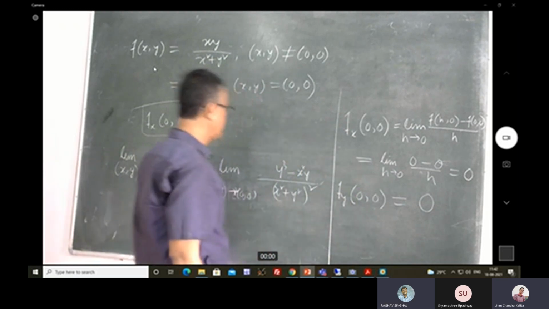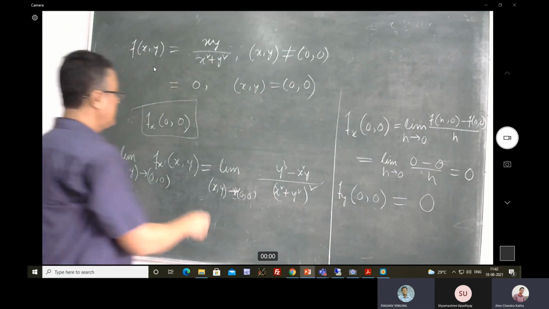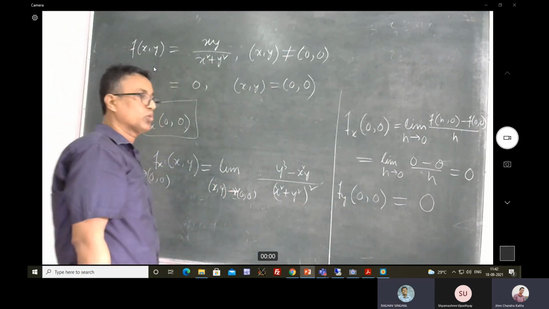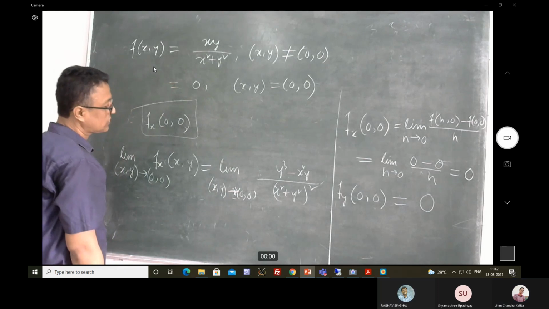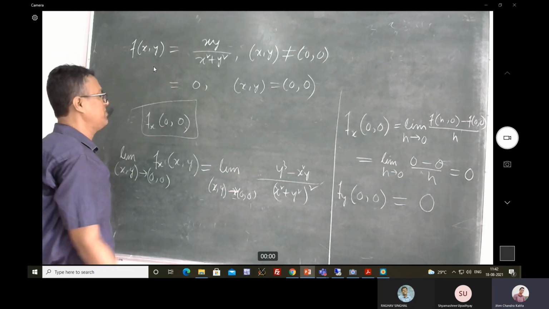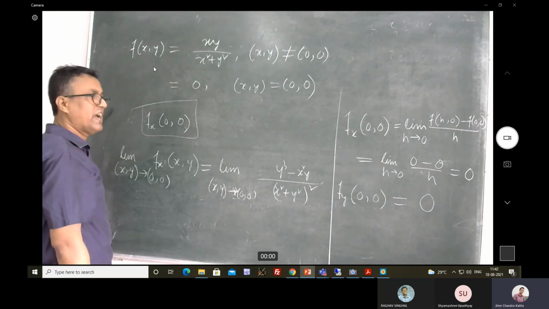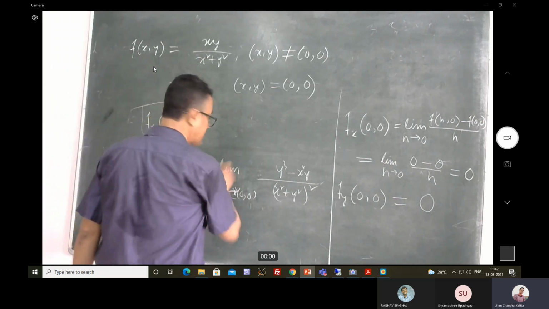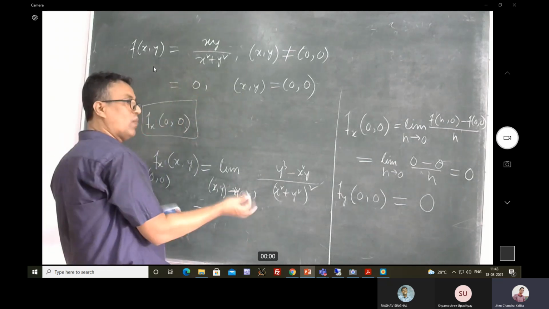Now again, if I take the approach along the y-axis or the x-axis, if I want to consider along the y-axis, x tends to 0.